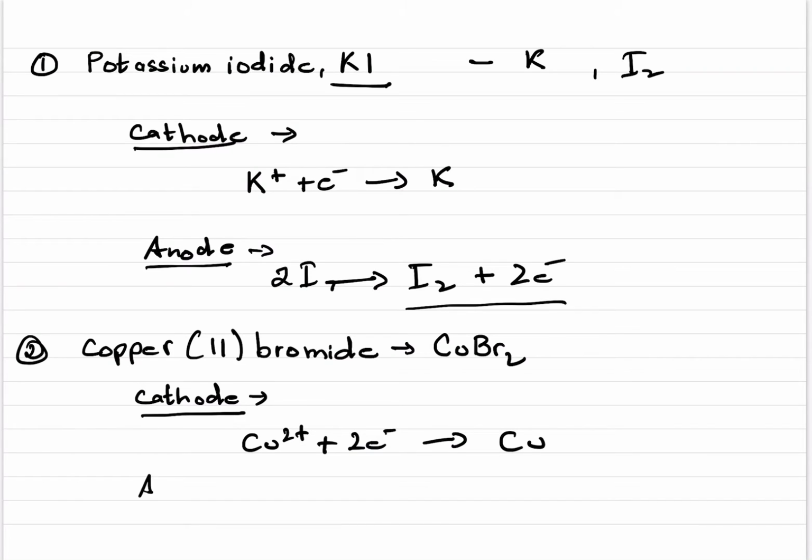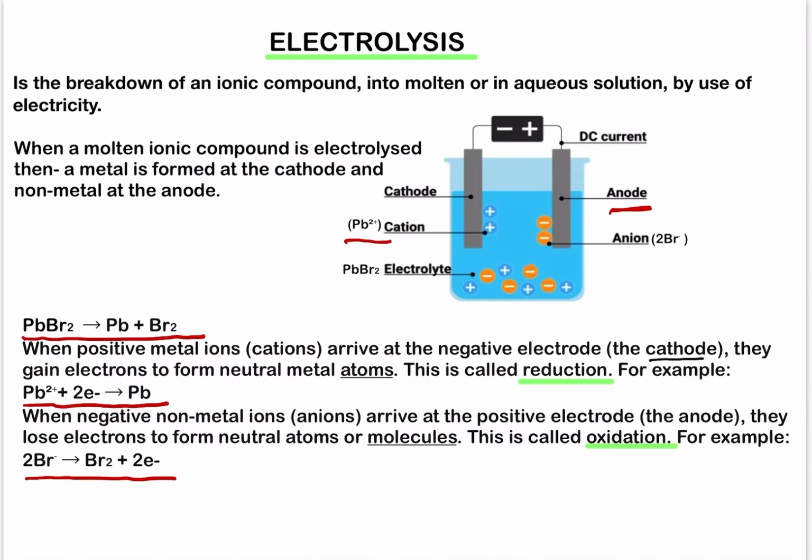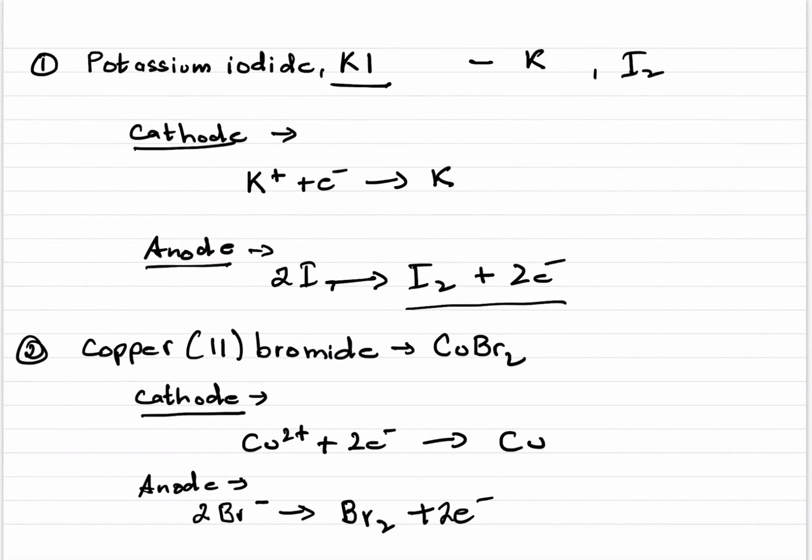And what will take place at the anode? The bromide ion, Br-, will go to the anode and form bromine by losing electrons. And what do we call that? Oxidation.